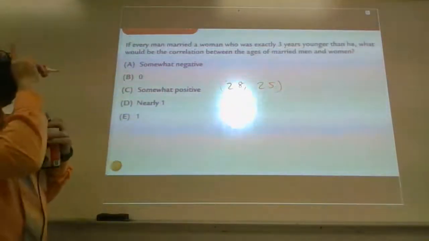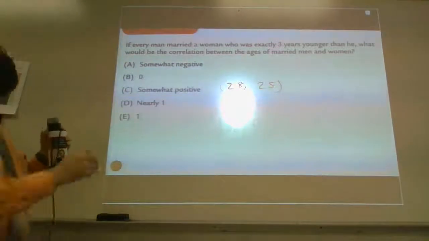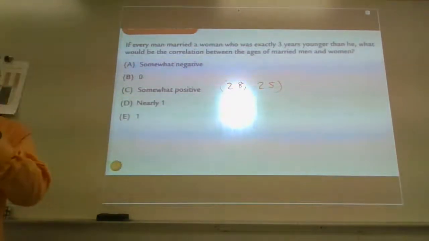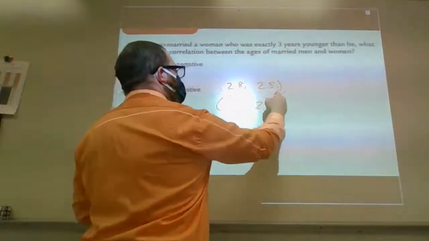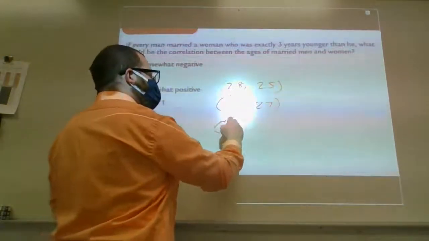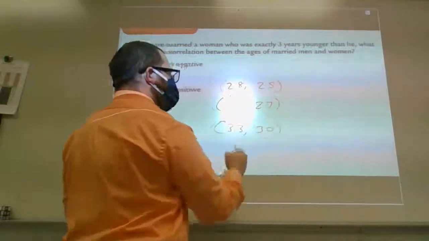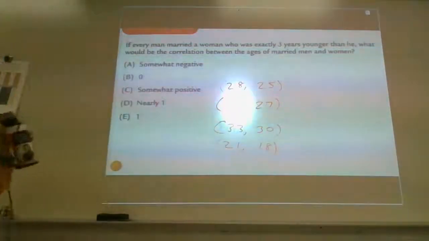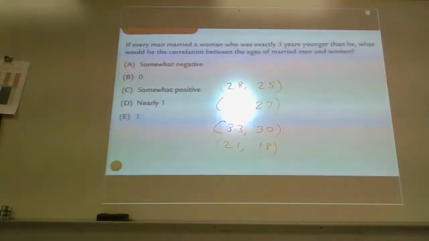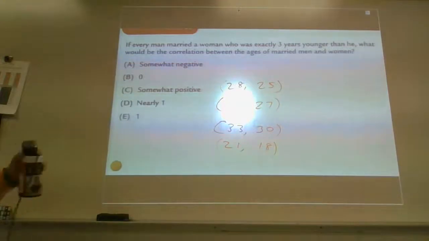Exactly 3 years younger than he. Now, mind you, they said every man. A 30-year-old would marry a 27-year-old. A 33-year-old would marry a 30-year-old. A 21-year-old would marry an 18-year-old. The woman would be exactly 3 years younger than he.